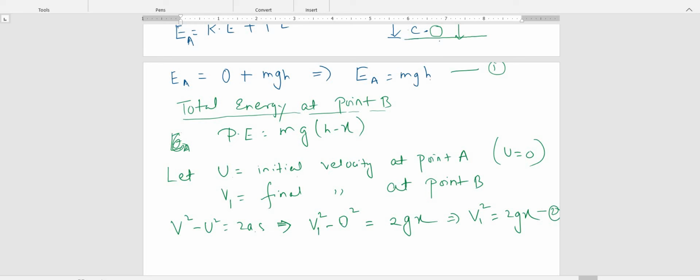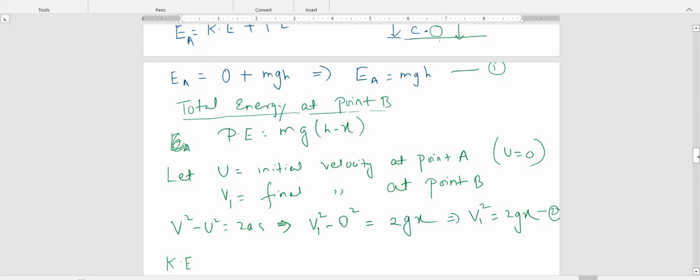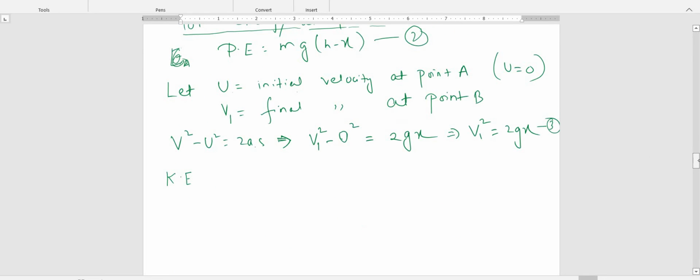Okay? Next, what is the kinetic energy? Kinetic energy we have calculated, potential energy we have calculated, isn't it? This is equation number 2, and this is equation number 3. So kinetic energy at point B will be how much?